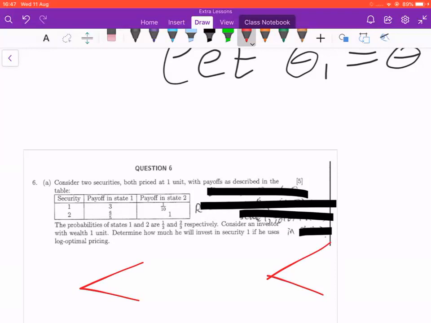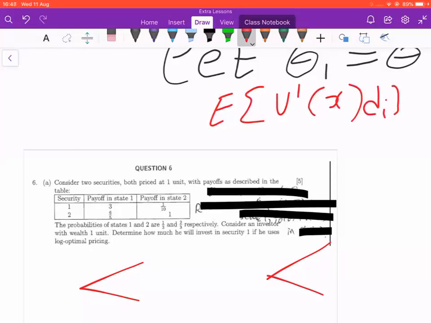If they want to know the amount of shares you should buy, you should use the method where you have the expectation of the utility function and then the derivative with respect to theta, which determines how much you should invest in security one.